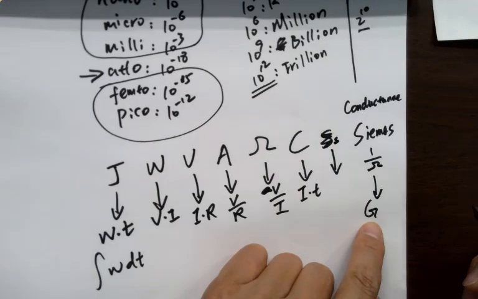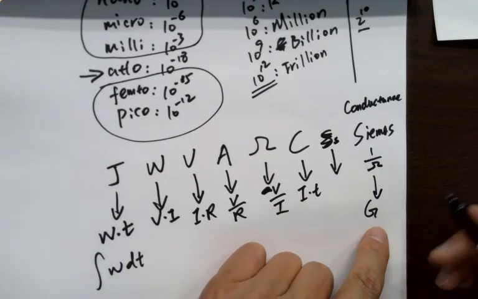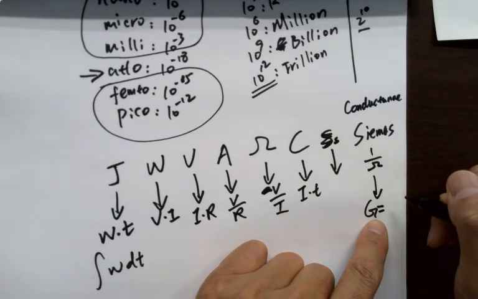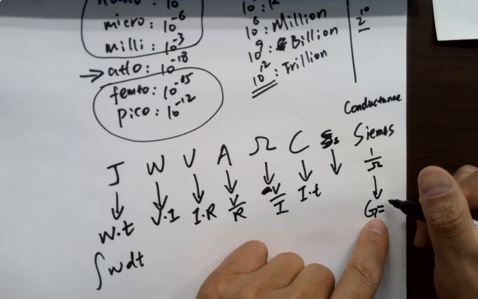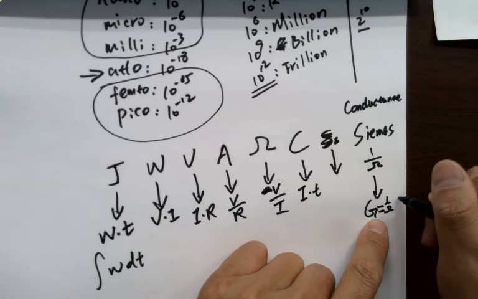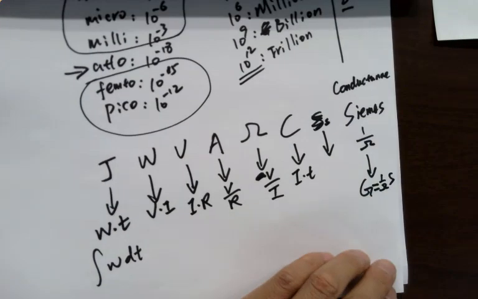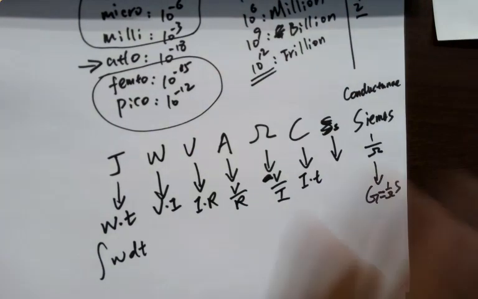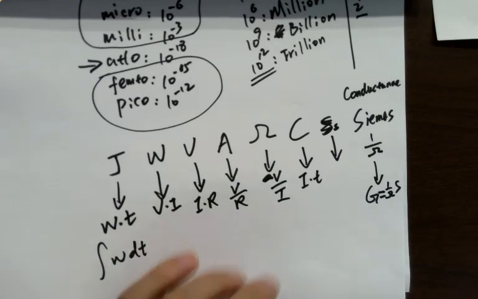But the symbol is G. So it's usually like G equals something Siemens. If I use my teaching material, I will never use it. Very rarely used.